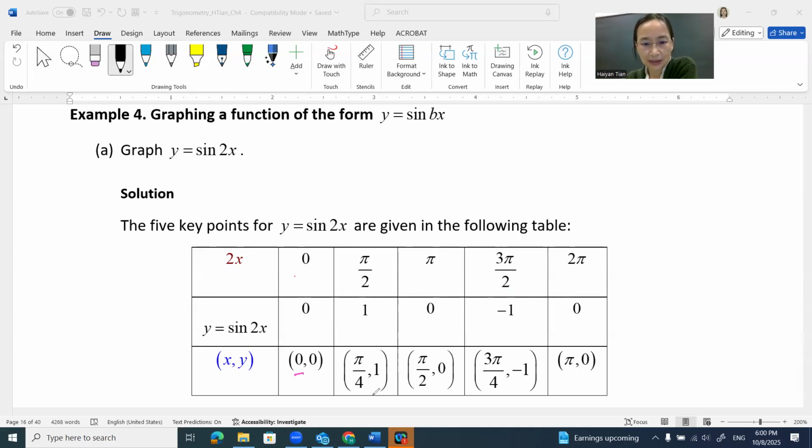Each x has the corresponding y, so the same y. Then we can see the x ranging from 0 to pi. Then let's do a sketch using these 5 points.